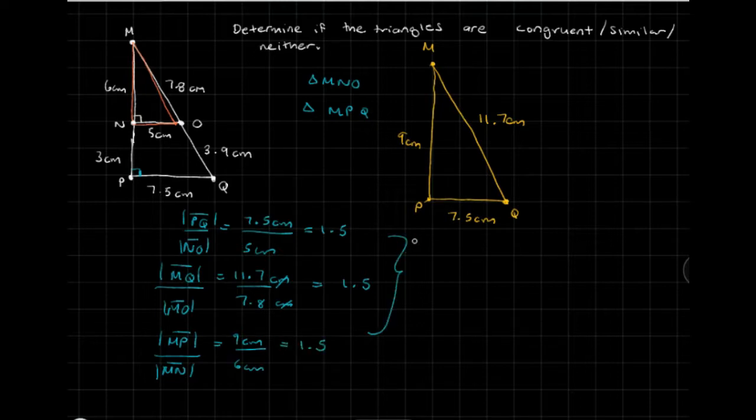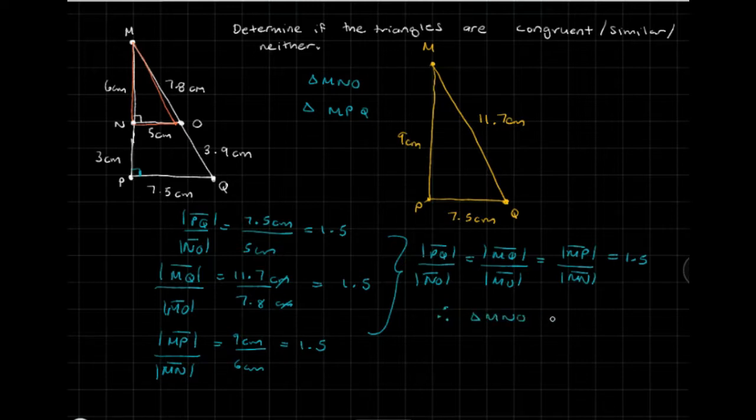So PQ over NO is equal to MQ over MO, which is equal to MP over MN, which is equal to 1.5. We have this scale factor, and as a result we can say that triangle MNO is similar to triangle MPQ.